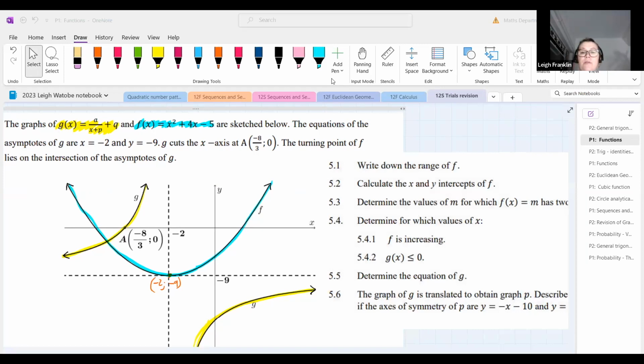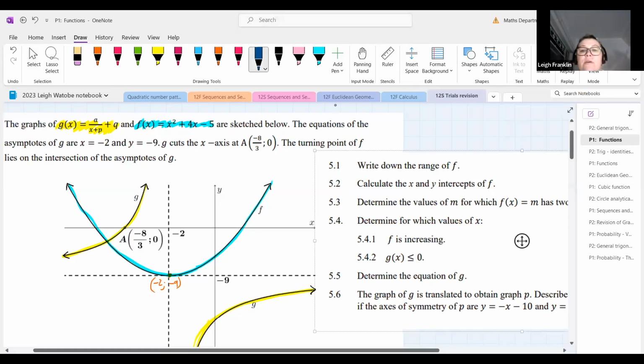Okay, so the first thing that they want us to do in 5.1 is write down the range of f. Can anybody suggest an answer to 5.1 for us? The range of f.